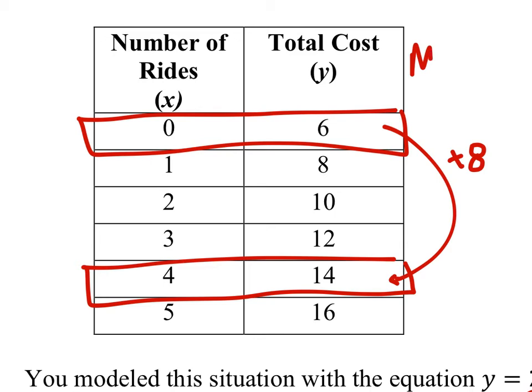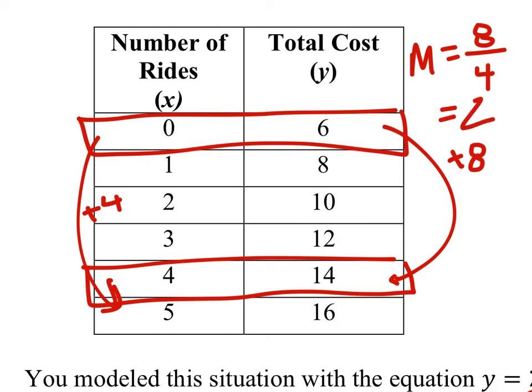So right there already your slope has a numerator of 8. And then from 0 to 4 would be an addition of 4, and that's the denominator. 8 divided by 4 is 2. So being able to find the slope in the table is also extremely crucial for this unit.